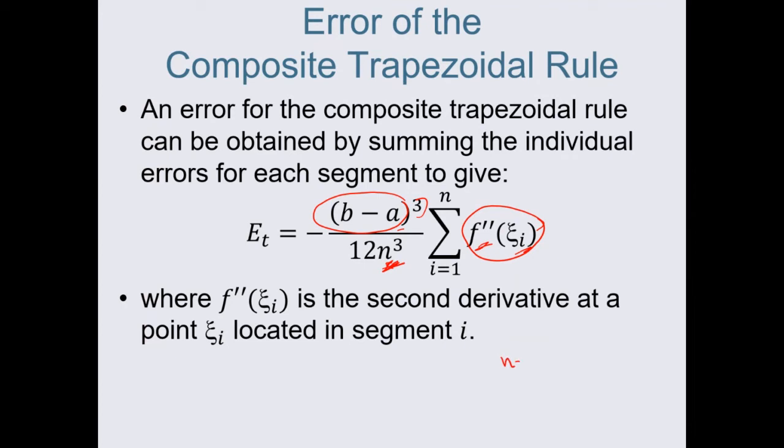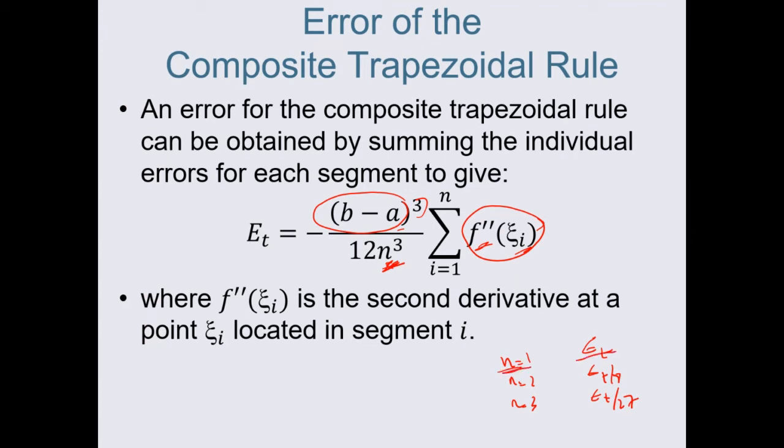You can see that if n is 1, then the error will be whatever error you find, because n cubed is 1. If n is 2, then 2 cubed is 8, so the error becomes 8 times smaller. If n is 3, then the error becomes 27 times smaller than the actual error.